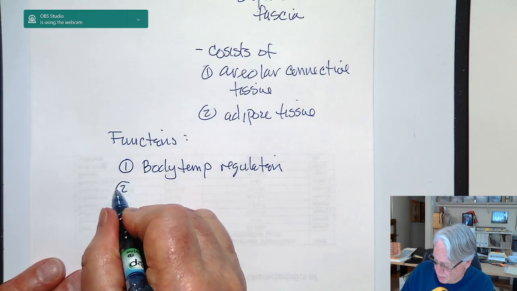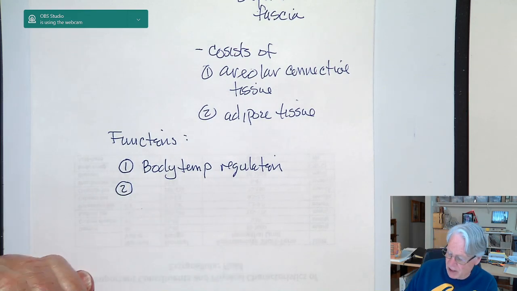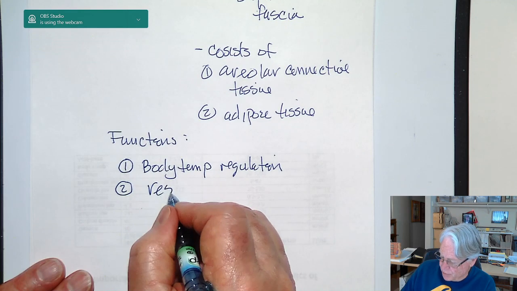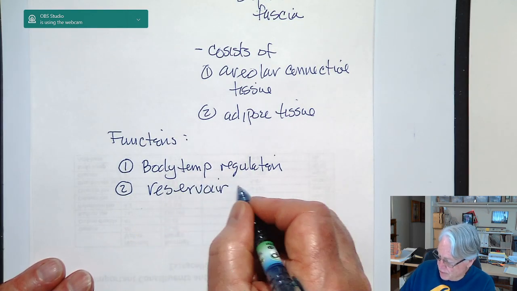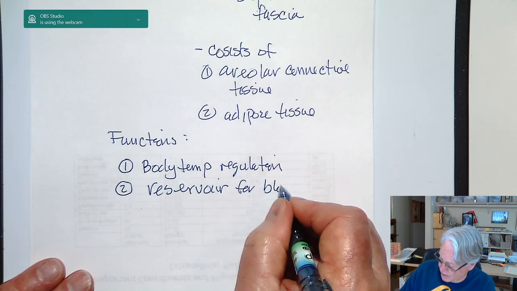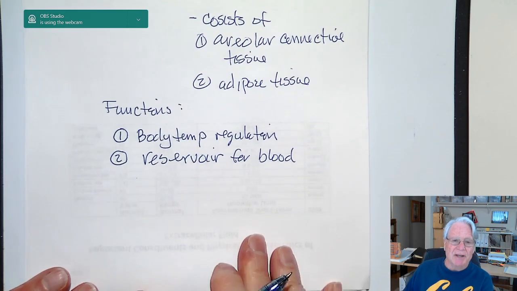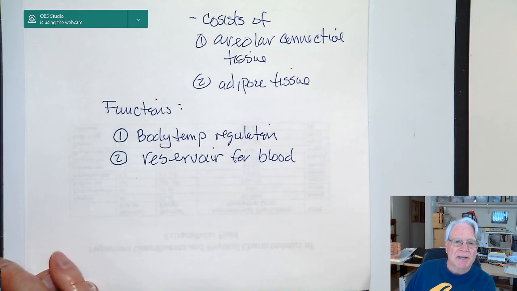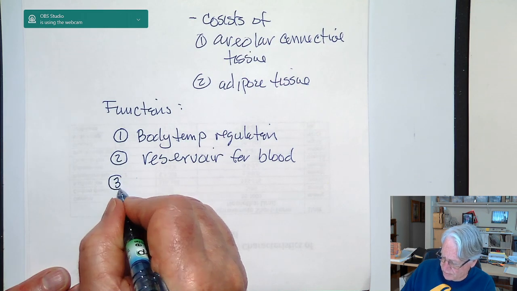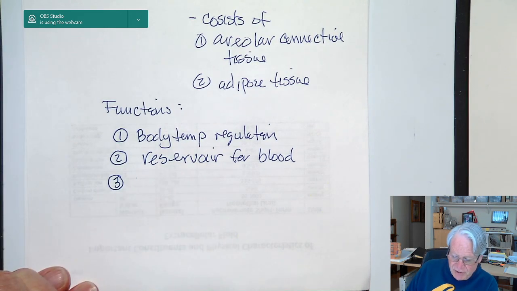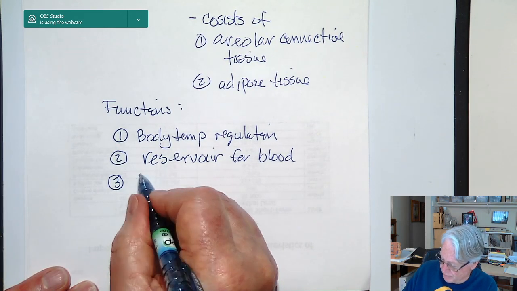Number two, it's acting as a reservoir for blood, and we're going to expand on that idea later on, as I say, when we get into the details of the functions. Number three, protection from the external environment.